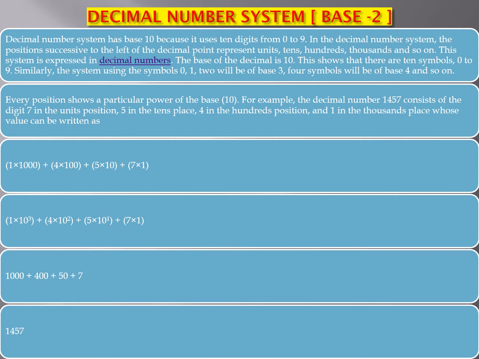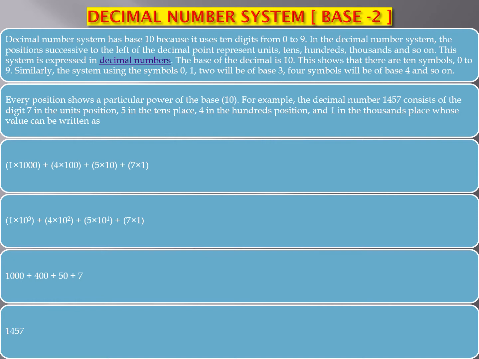For example, the decimal number 1457 consists of digit 7 in the units position, 5 in the tens place, 4 in the hundreds place, and 1 in the thousands place, whose values can be written as 1 into 1000 plus 4 into 100 plus 5 into 10 plus 7 into 1.